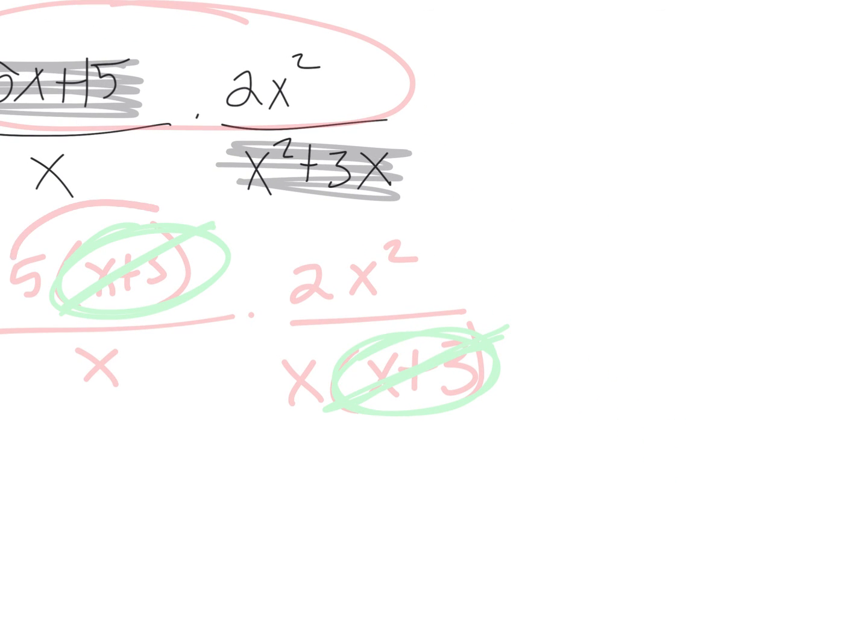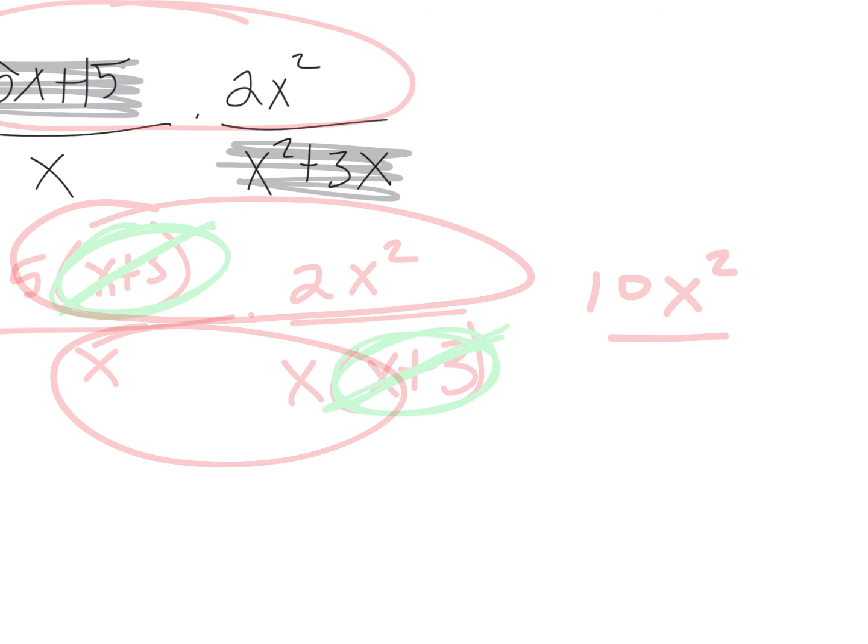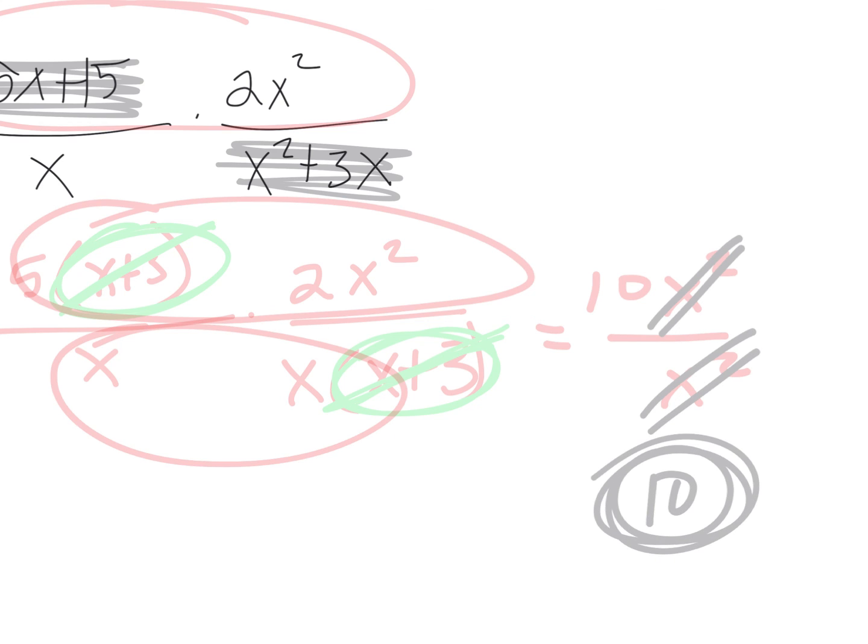Let's just do it from here. That turns into 10x squared. This turns into x squared. And I didn't notice it before, but look, I notice it now. That can cancel that. First answer is just 10. I'll double check that to make sure I'm not misleading you on the very first problem. Nope, that is the answer. Yay.